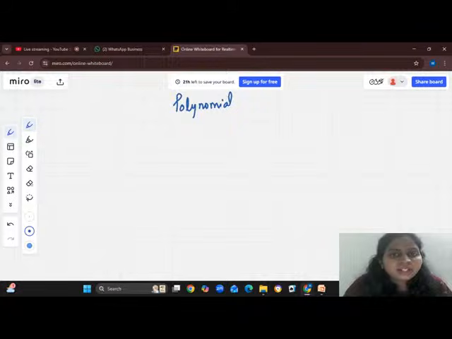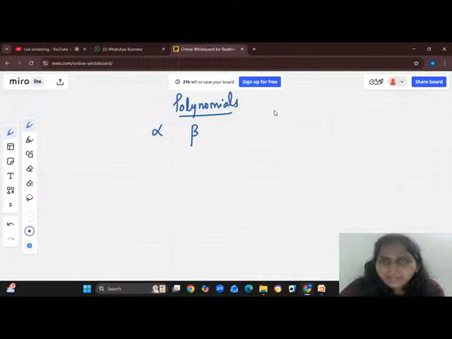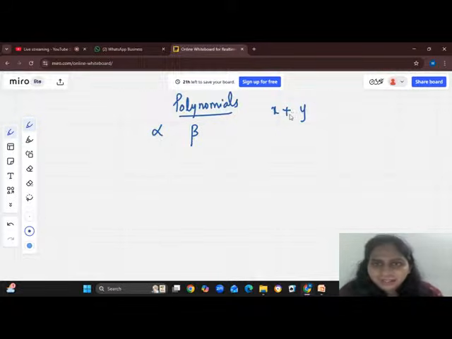Before the important questions, I just want to tell all of you, my dear students, polynomials. When this name comes into your mind, the 2 terms alpha beta must enter into your brain. Alpha beta. Generally we have equations, right? We have variables like x and y. If I put a symbol, it becomes an equation. When 2 variables have some sign in between them, it becomes an equation.